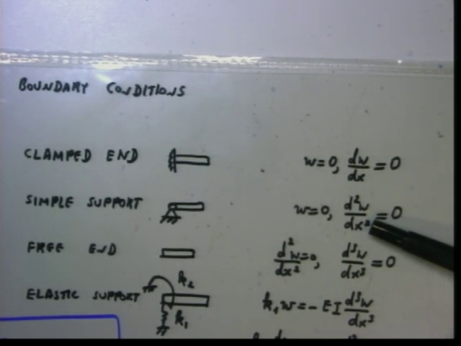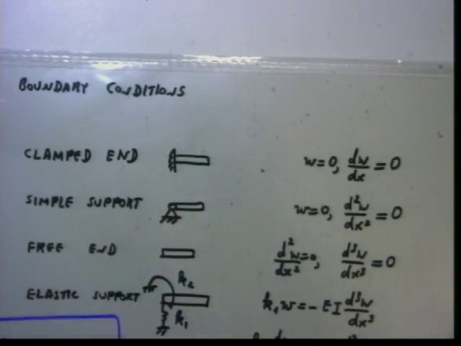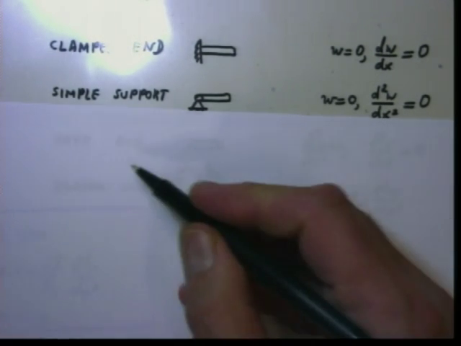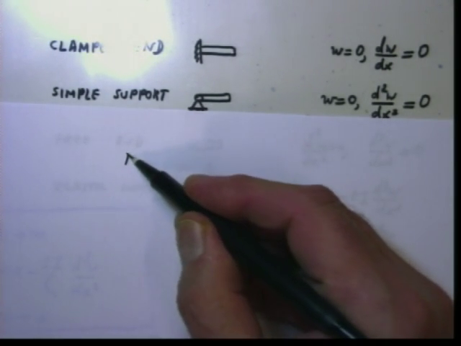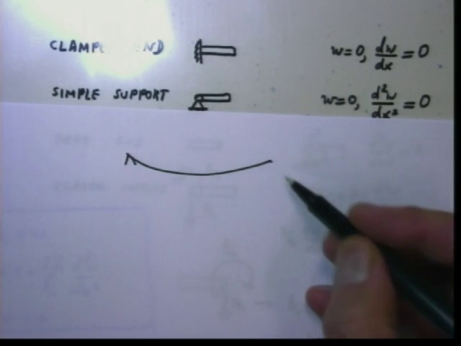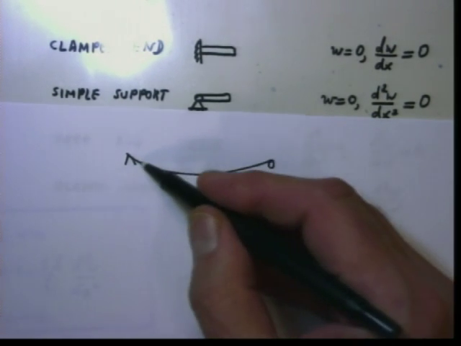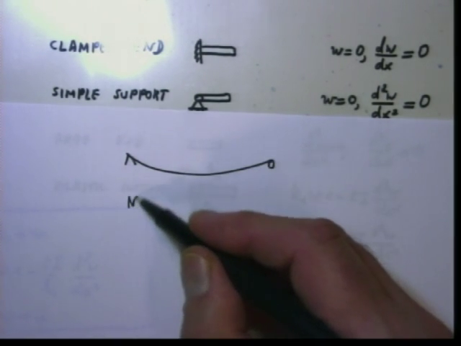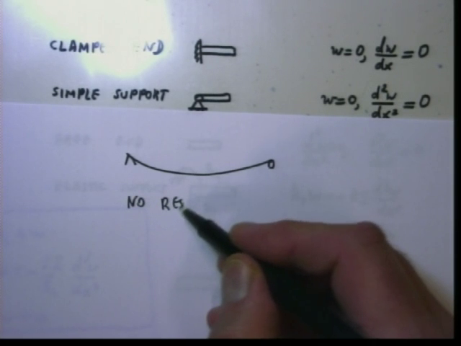Okay? I will write down this. Simple support. This means that this beam can move like this. So therefore there is no restriction on rotation.